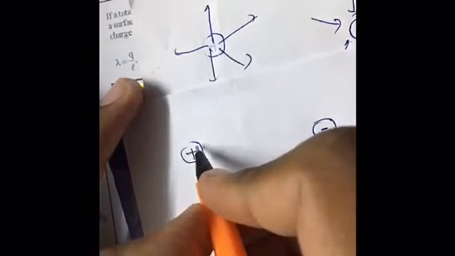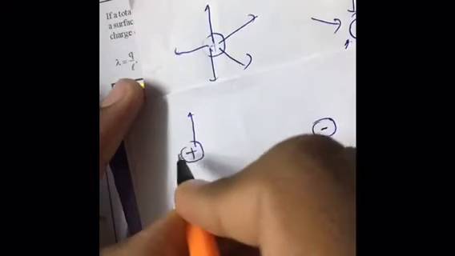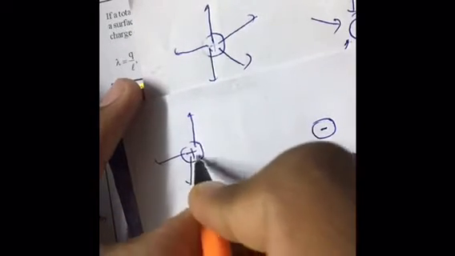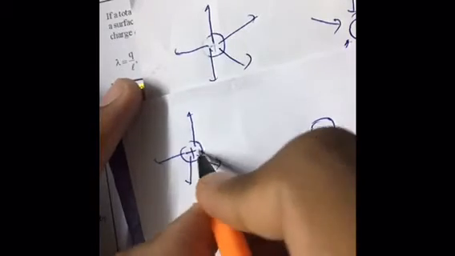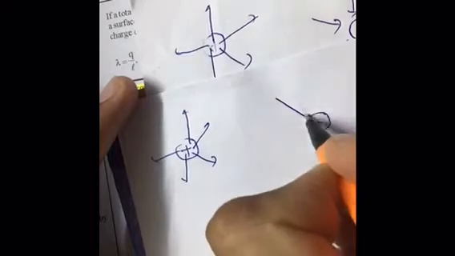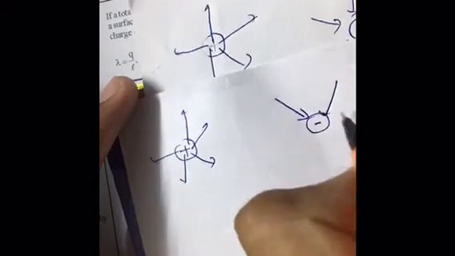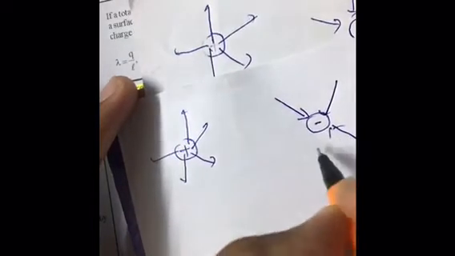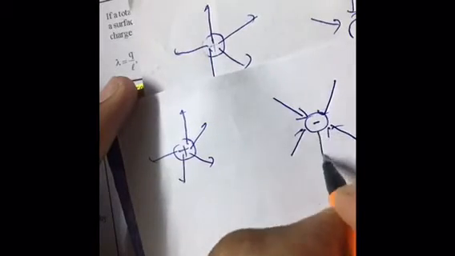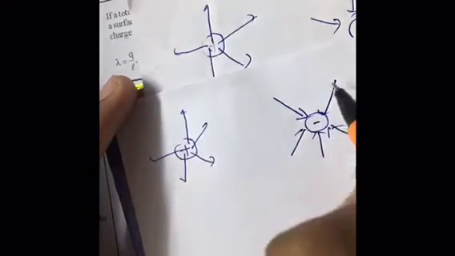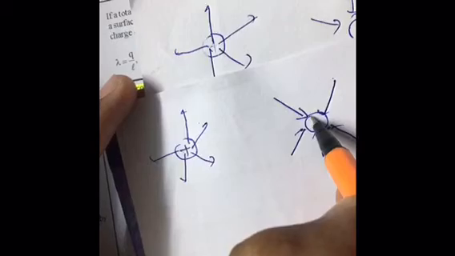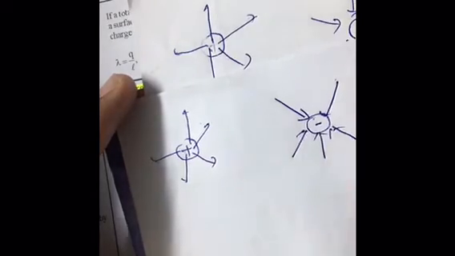Electric field lines originate from the positive charge, that is, they start from the positive charge in all directions, and terminate on the negative charge, meaning electric field lines enter the negative charge from all directions. So they start from positive and enter on negative charge. Okay, this is the first property.